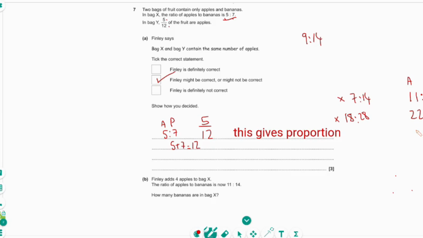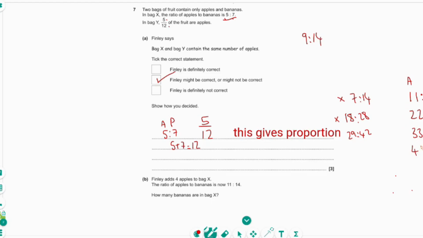Times 11 by 3 to get 33, times 14 by 3 to get 42. Again, I've added 4 apples, let me take them off, which gives you 29 to 42, which I know isn't going to simplify to 5 to 7.